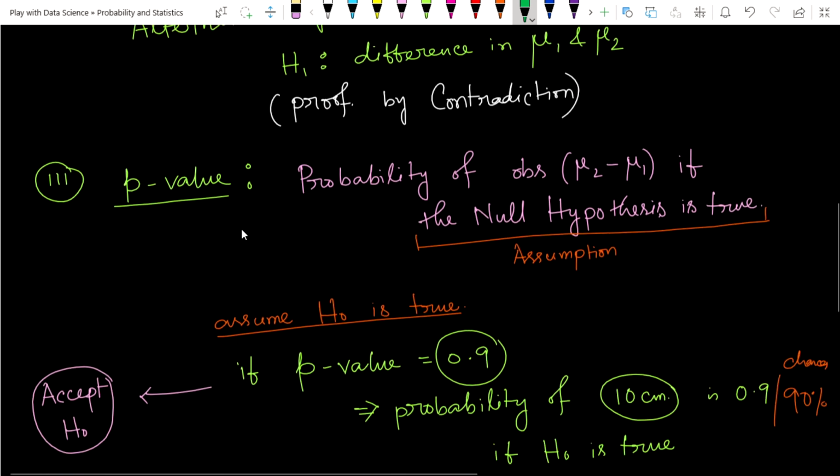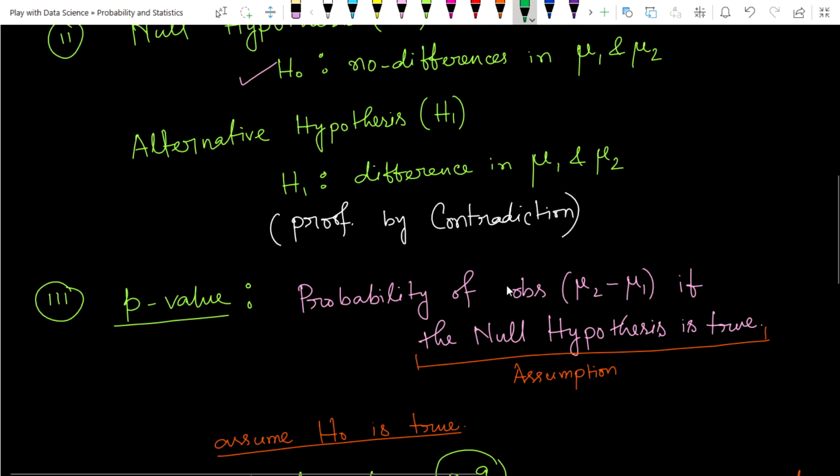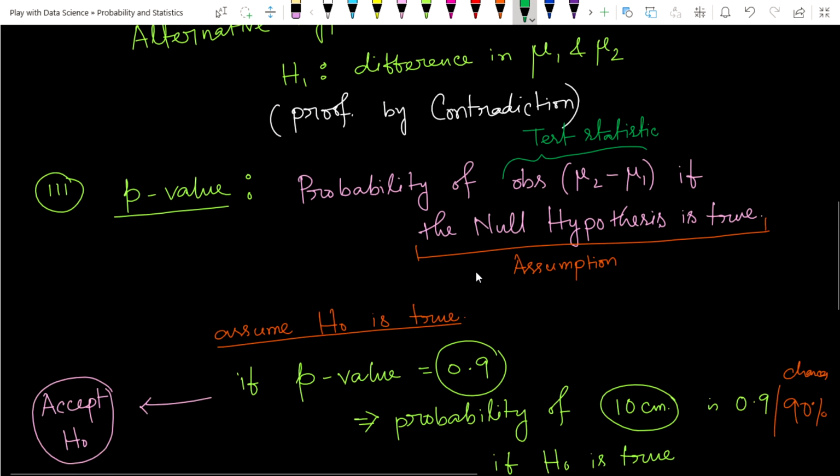Now we have assumed something, and on the basis of the assumptions we calculate the p-value. What is the p-value? The p-value is the probability of our test statistic on the basis of our assumption.